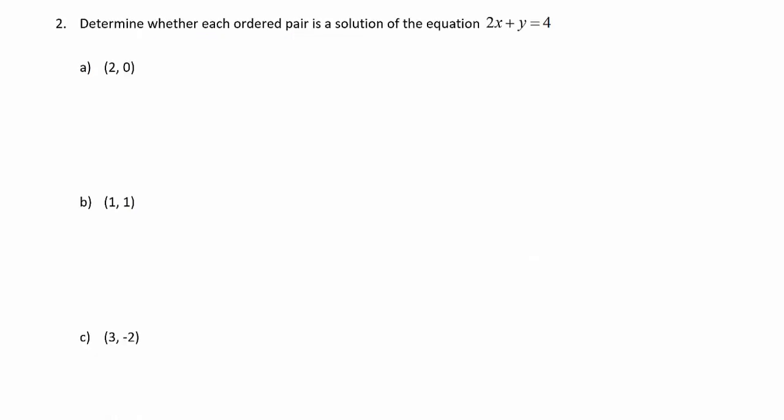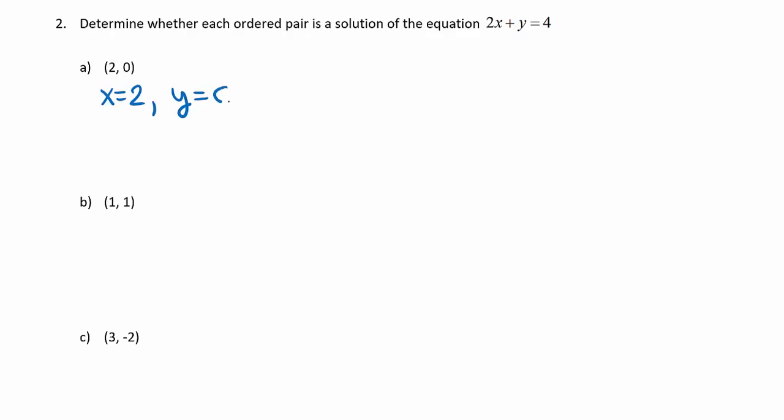Now going back to the idea of equations, here's an example of an equation with two variables, 2x plus y equals 4. Equations that have two variables have many solutions. If we want to determine if an ordered pair is a solution, we have to plug it in and see if we get a true statement. This is very similar to what we did when we had equations with one variable.